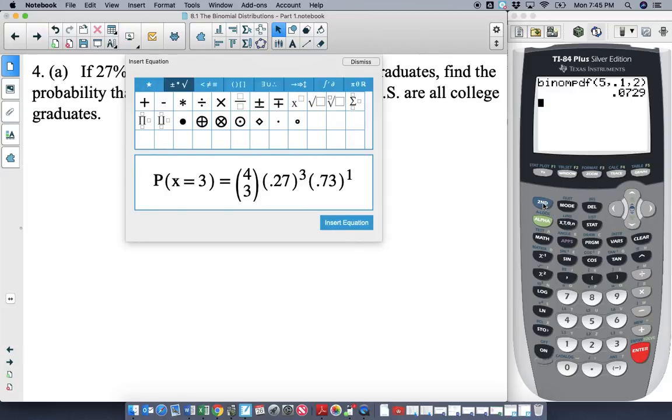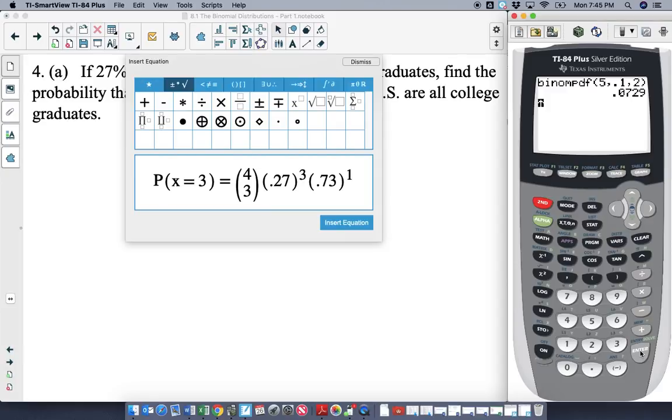This time I need my binomial PDF. I'm going to cheat and do my second enter and then edit this. We had 4 college grads. Probability of success is 0.27, comma, and then the number of successes was 3. 3 out of 4 are all college graduates.